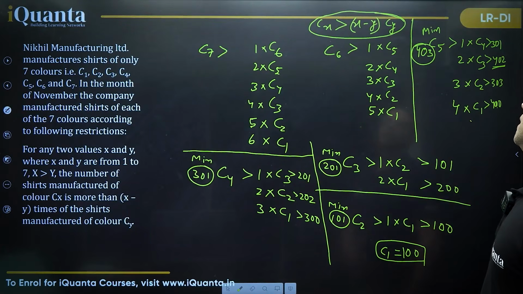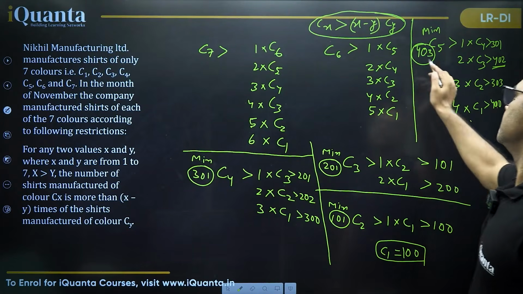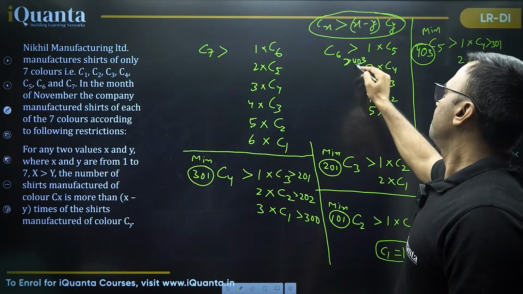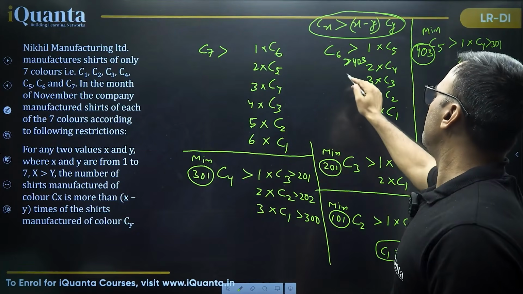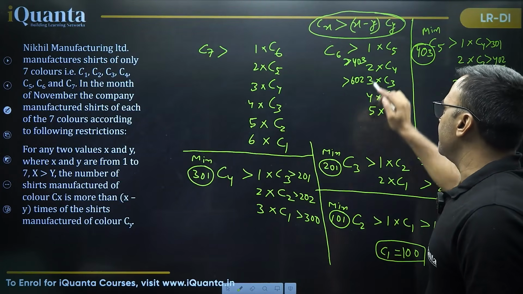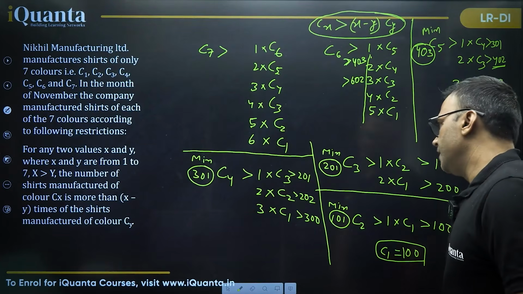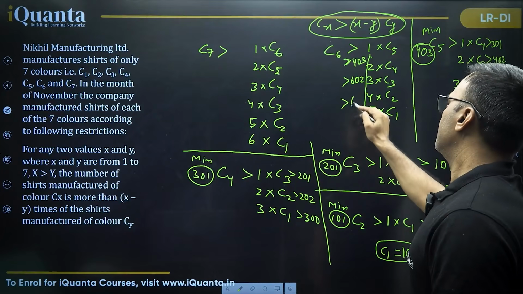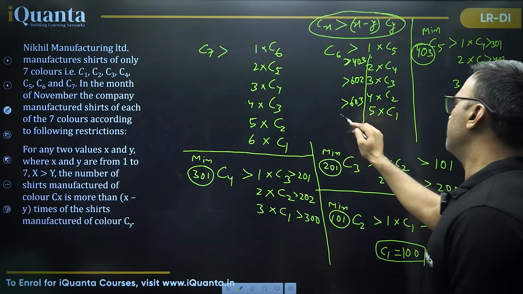Now, I don't have space here, so I'll write here, nothing to worry. So, 1 into C5, that is 403, it should be more than 403. 2 into C4, that is 602, so it should be more than 602. 3 into C3, so 3 into 201, that is 603. 4 into C2, so 4 into 101, 404.